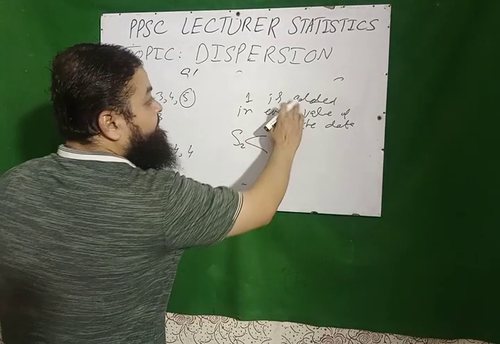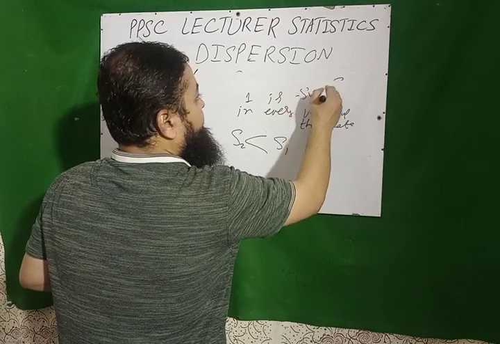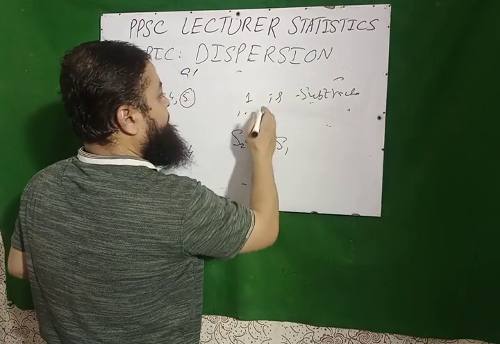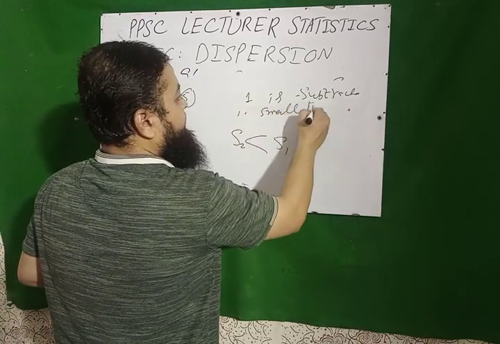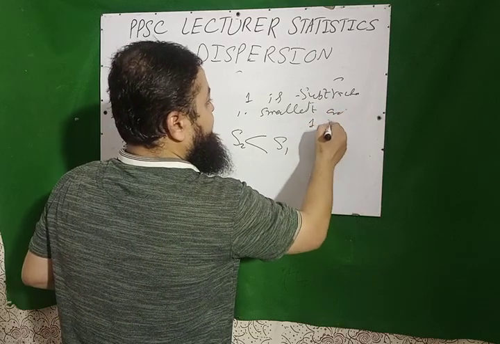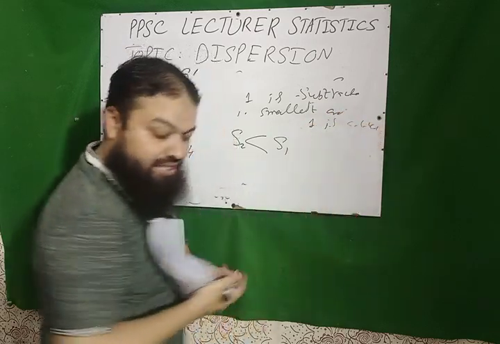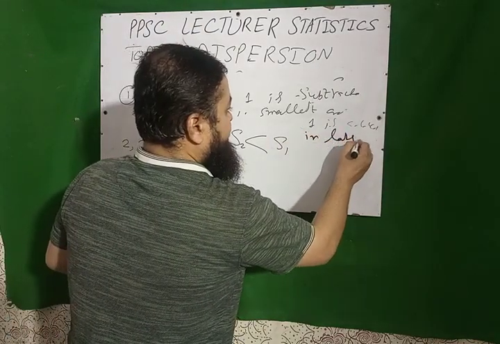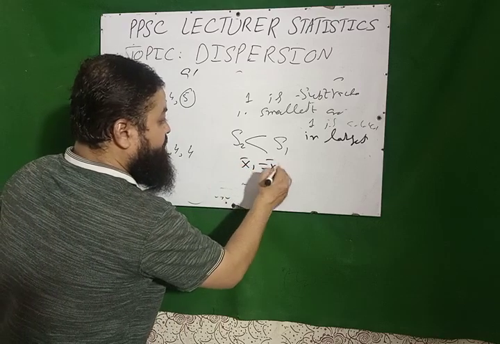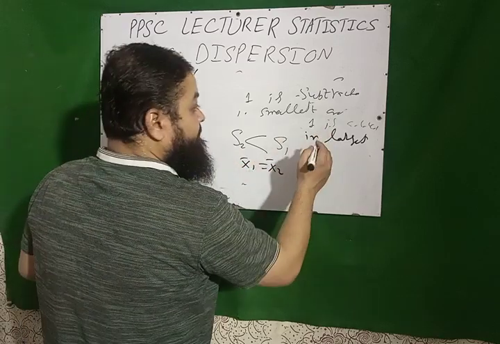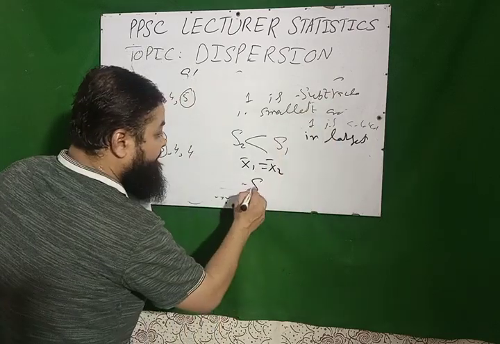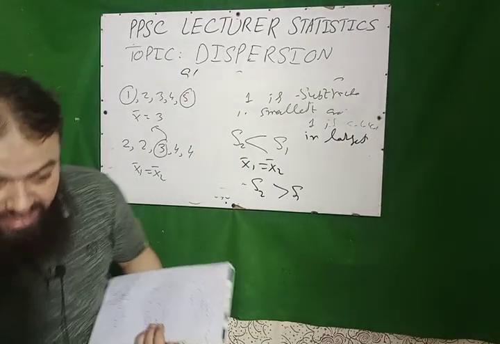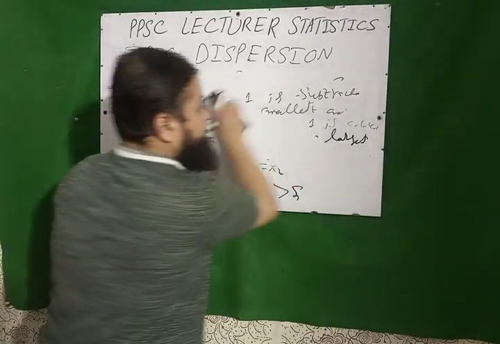And if one is subtracted from the smallest one and one is added to the largest one, x bar 1 will be equal to x bar 2. Now, if we add a constant value to the largest one, then the new variance and standard deviation will be greater than the previous one. That question can be asked in the interview, in the exam, and in the written test also.